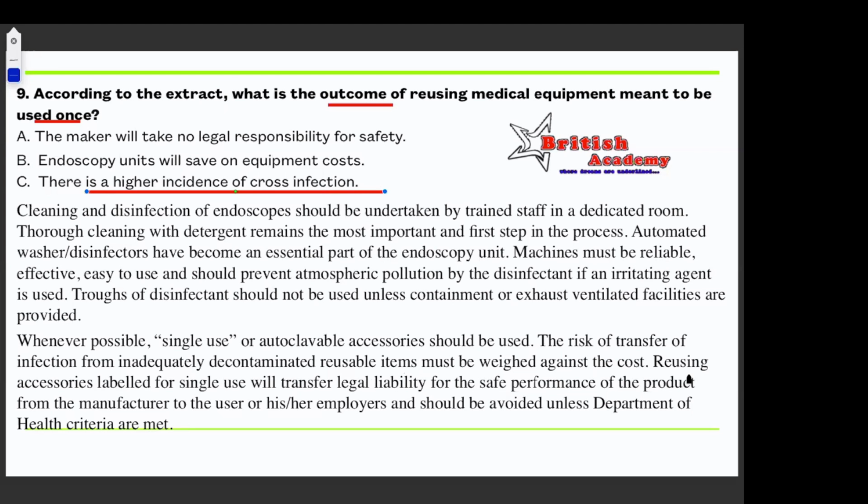But it says reusing accessories labeled for single use will transfer legal liability. Legal liability means responsibility: legal responsibility for the safe performance of the product from the manufacturer to the user. Which means the manufacturer will take no legal responsibility for safety, because it says over here transfer legal liability.